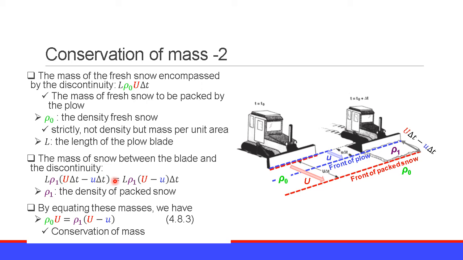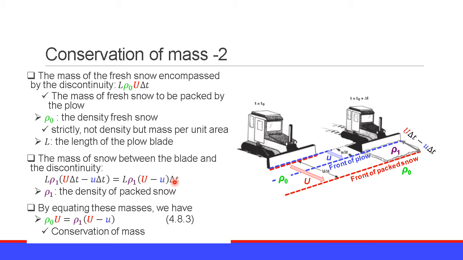As a result, the mass of snow between the blade and discontinuity is L times the density rho 1 times the velocity large U minus small u times delta t.